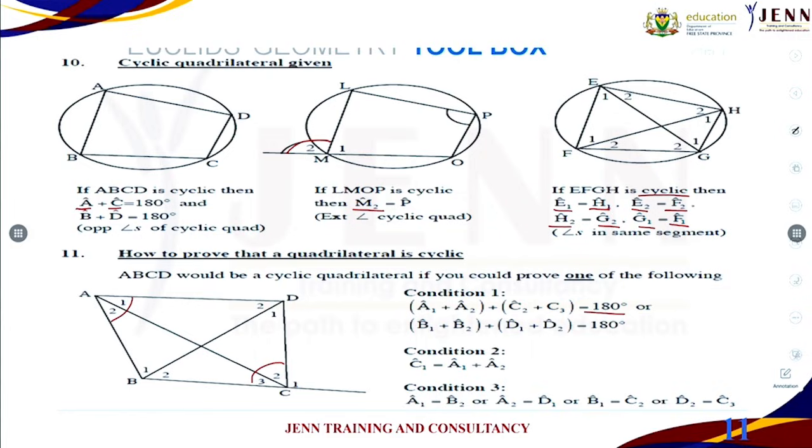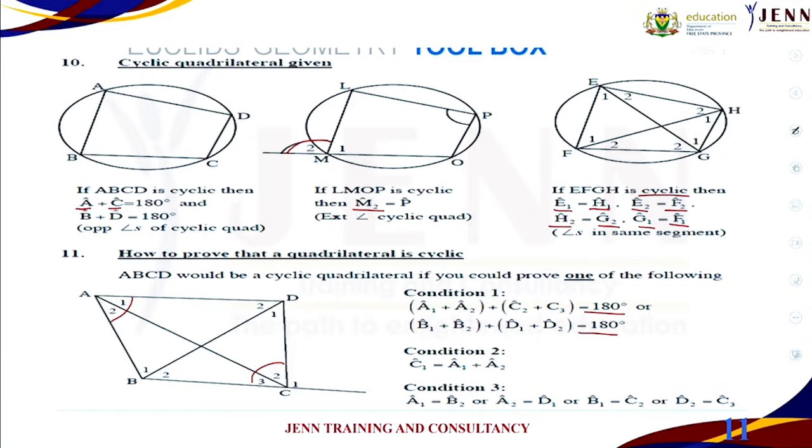Also, you can prove B1 plus B2 and D1 plus D2 are supplementary. So if you could prove that angle B plus angle D add up to 180, then we know that the quadrilateral is definitely cyclic. The second condition: we are going to prove C1 equals A1 plus A2.